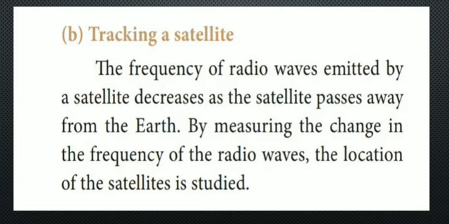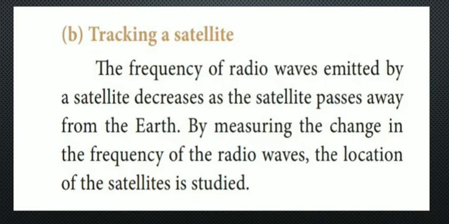Okay, see this, the frequency of radio waves emitted by a satellite decreases as the satellite moves away from the earth. So by measuring the change in the frequency of radio waves, the location of the satellite is found. So for satellite tracking systems we use the Doppler effect.